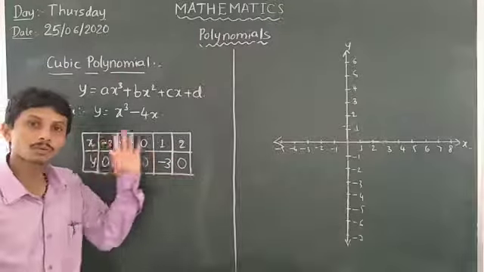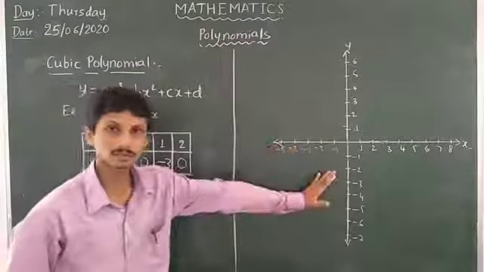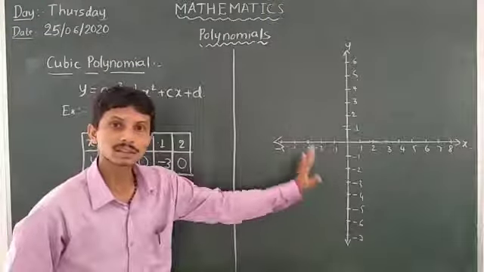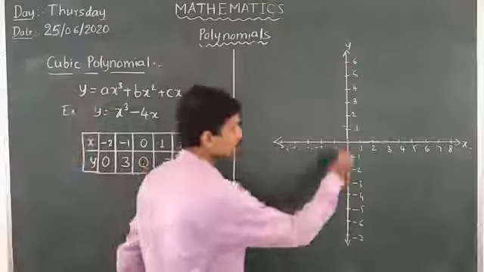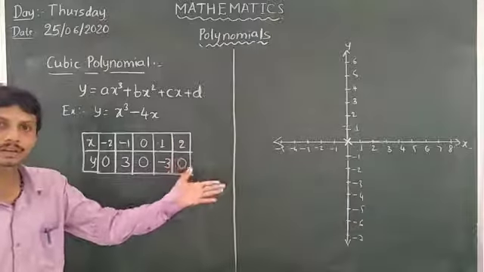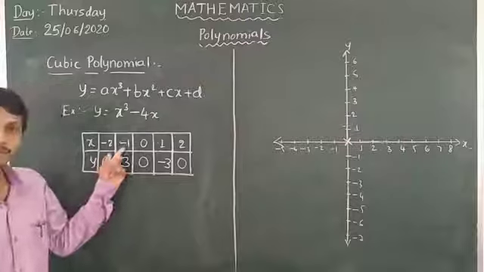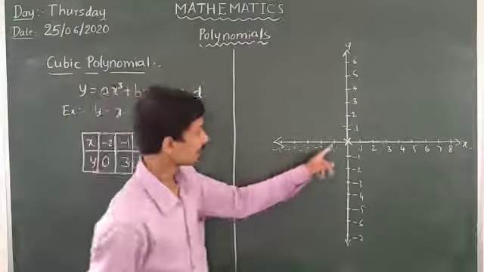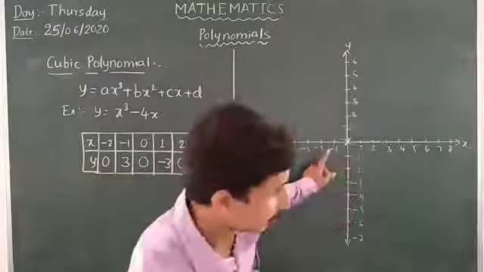So we have to insert these values into the graph. So let us plot these coordinates. So firstly 0, 0, that means it's the origin. The first point we already mentioned. So then minus 1, 3. So on the x-axis minus 1 and on the y-axis it's 3 here.